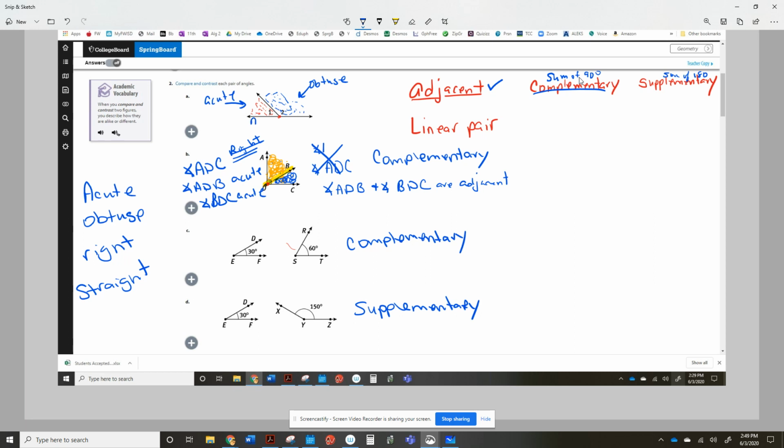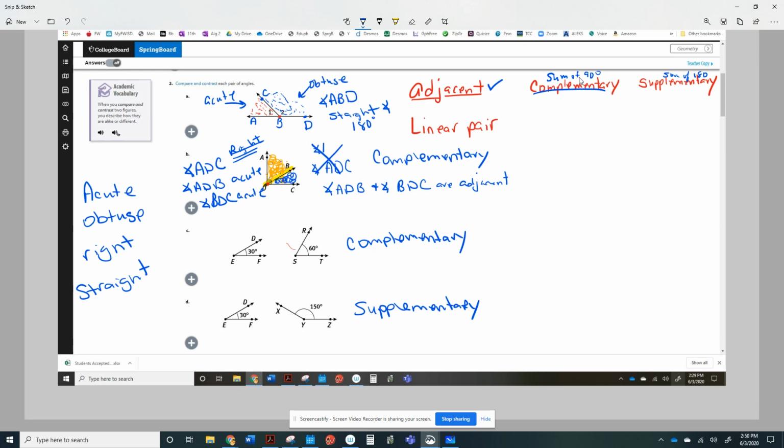They didn't label this one for us, but if we call this A, B, C, D, then we'd see right here that angle ABD, okay, we start with ray BA, and then we swish it around until we get to ray BD. We rotate it around. Then we end up with angle ABD. That's a straight angle, okay? And straight angles equal 180 degrees. They have 180 degrees in them.